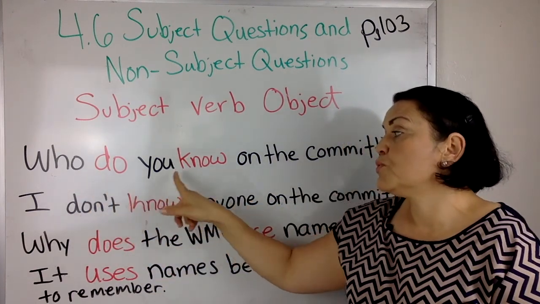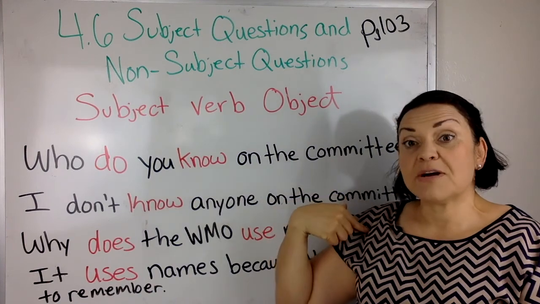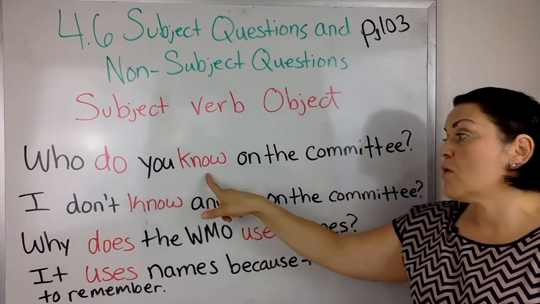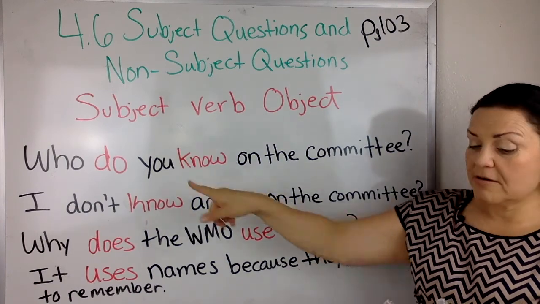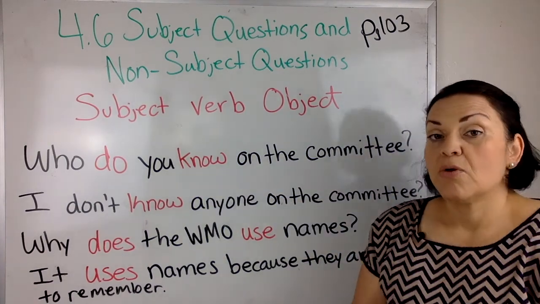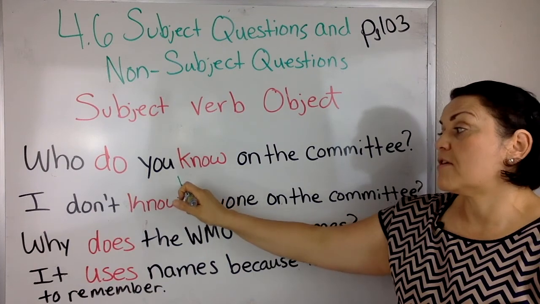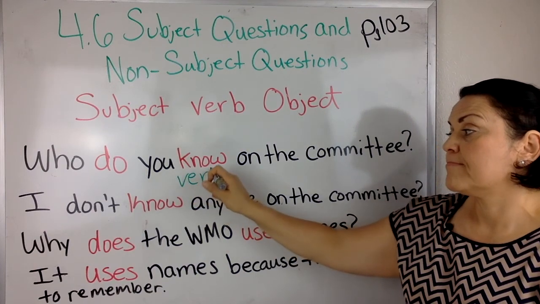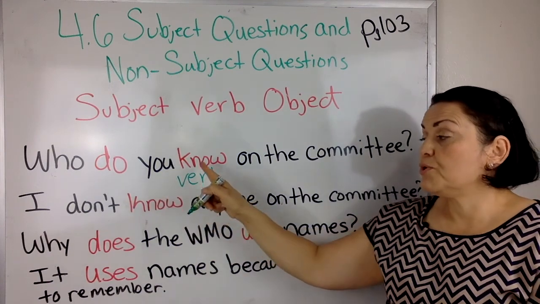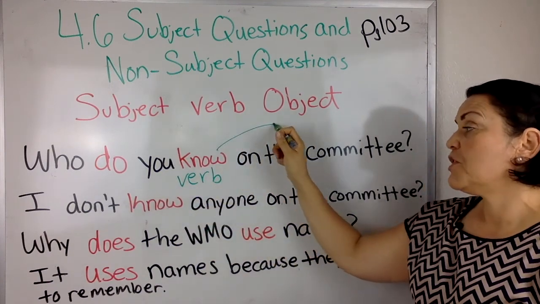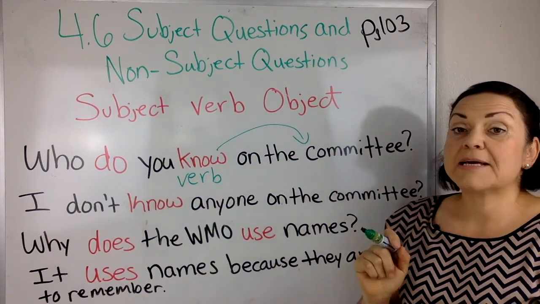Who do you know? So they're asking me the question, who do you know on the committee? So right here, we have the verb. And the question that they're asking you is, who do you know? They're asking you about the committee.